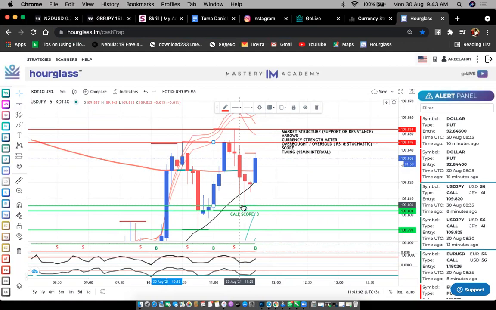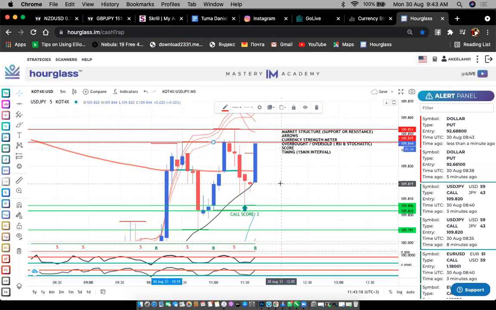Yes, I know. But when time gets to the 45 mark, it might retrace. So how do I know it's a 15-minute structure? Cashtrap gives you only 15-minute structure when they show those green lines and red lines.